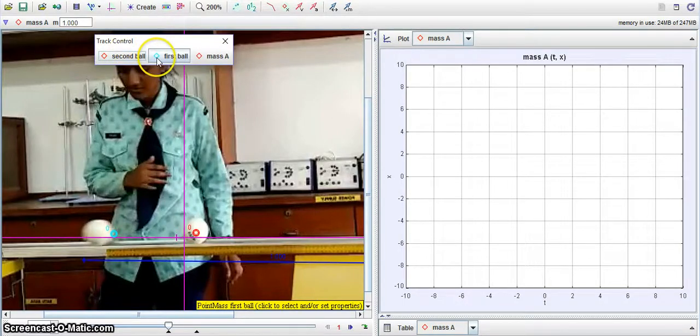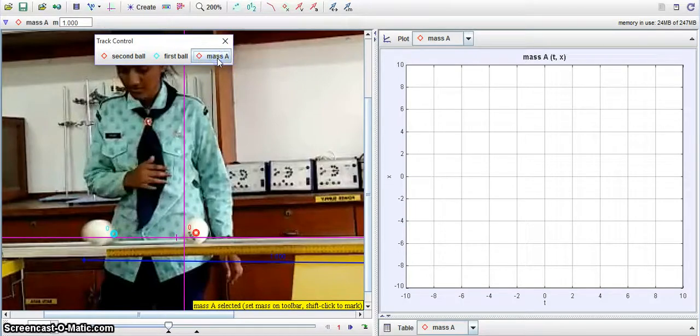first ball, right, the blue color analysis. Soon we are going to analyze the velocity and the momentum of the first ball regarding to the blue color. And then this is the second ball, which we will analyze later with red color.